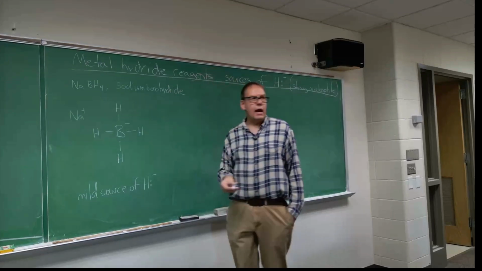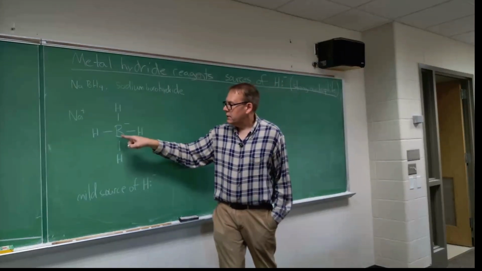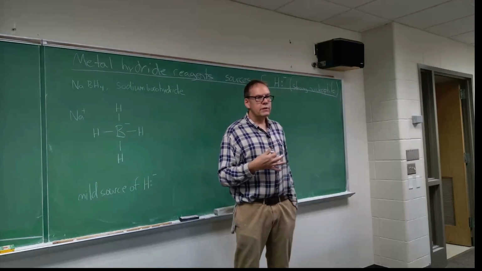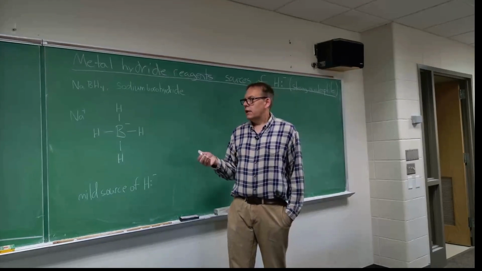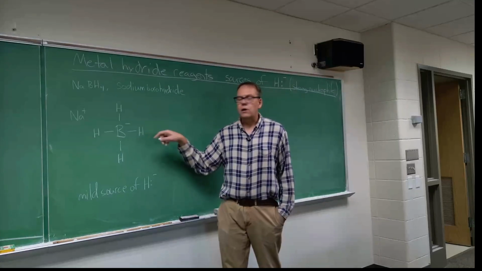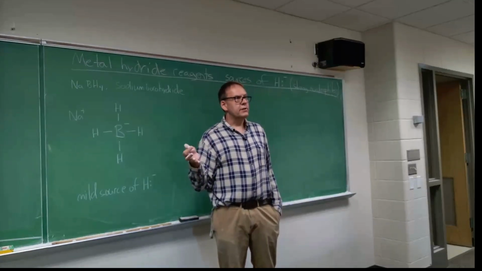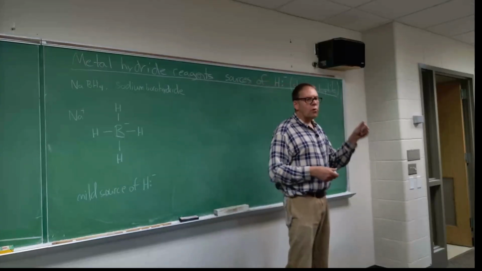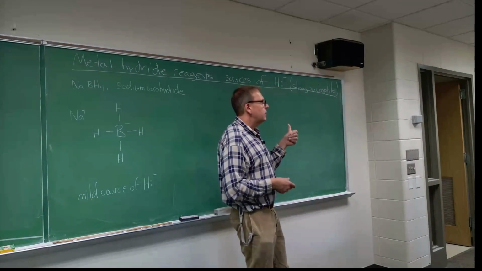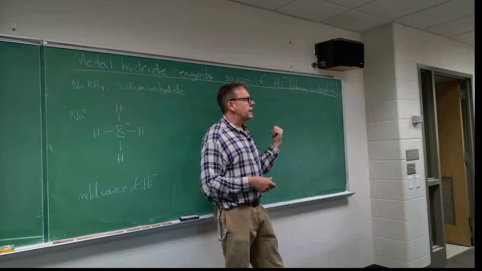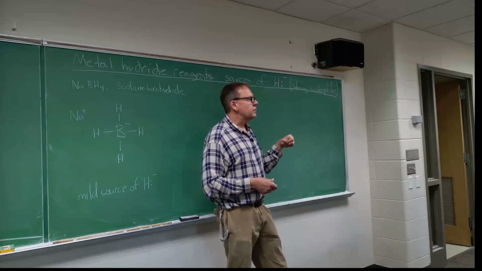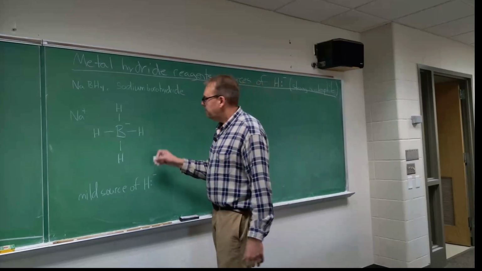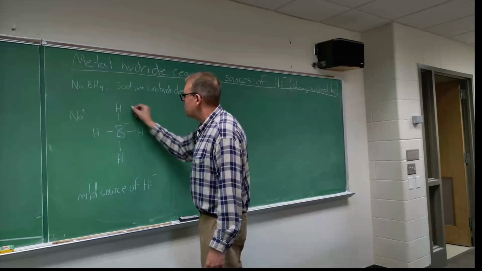And the reason it's a hydride source is because of the electronegativity difference between boron and hydrogen. One of the things we said about electronegativities is that hydrogen and carbon are pretty much the same. They're very, very similar. Well, if you look at the periodic table, boron sits to the left of carbon. So boron is less electronegative than carbon, which means it's also less electronegative than hydrogen, which means that the polarization here is that these H's have a partial negative charge.